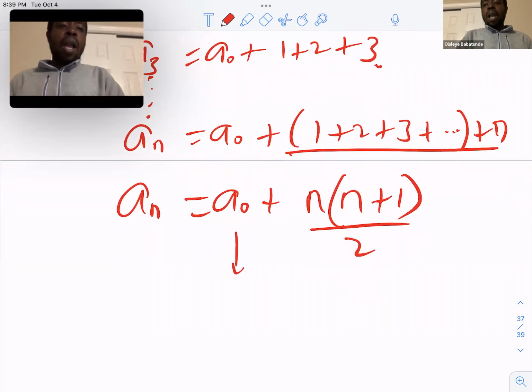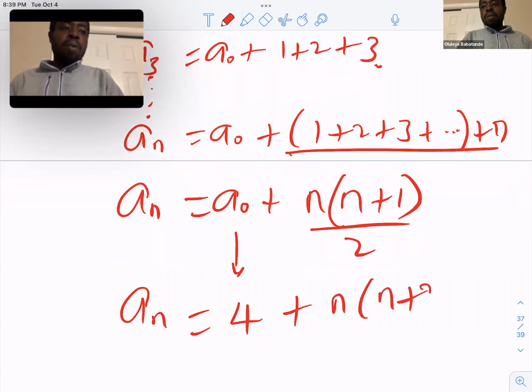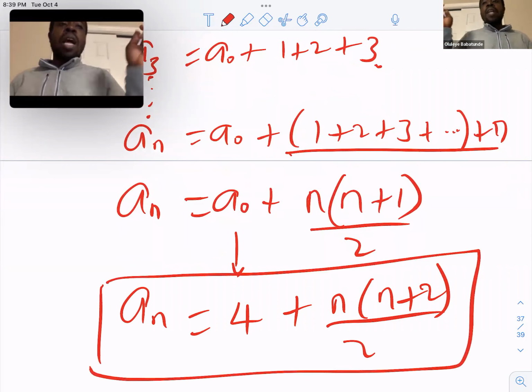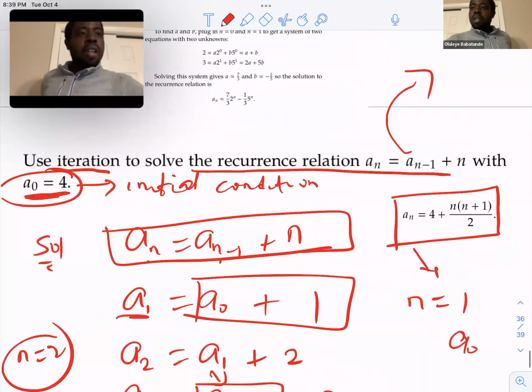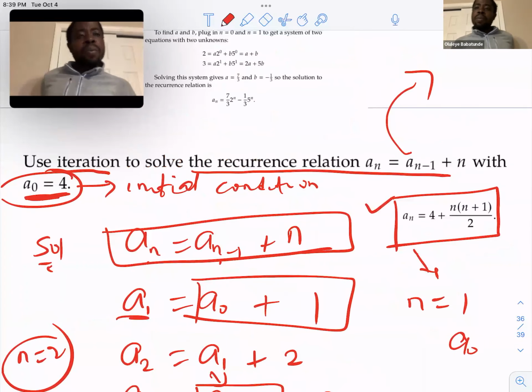And we know that our a_0 is 4. So a_n is 4 plus n times n plus 1 over 2. And that proves that is the solution to that recurrence relation. Look at that. Is that not beautiful?